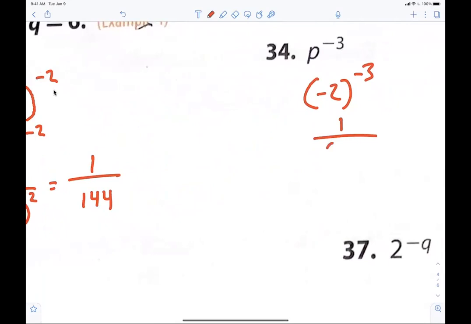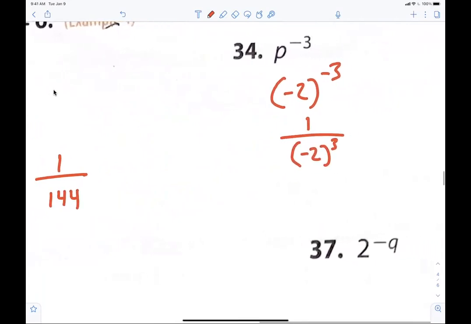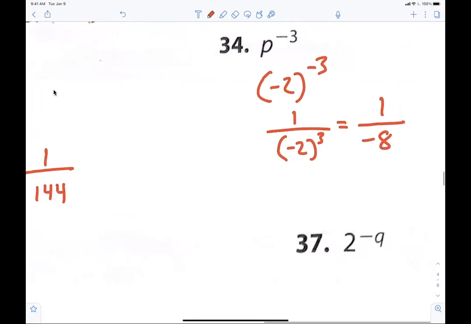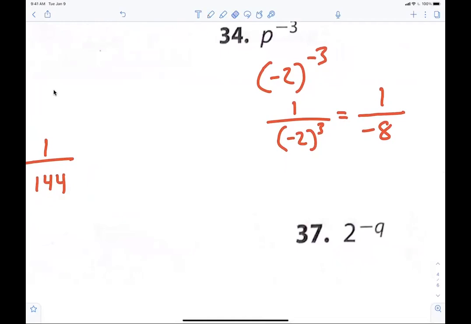So it'd be what? 1 over negative 2 to the 3. And what's negative 2 to the third power? Negative 8. Now, honestly, I don't like the negative in the denominator, so most of the time they would rewrite the fraction as negative 1 over 8.